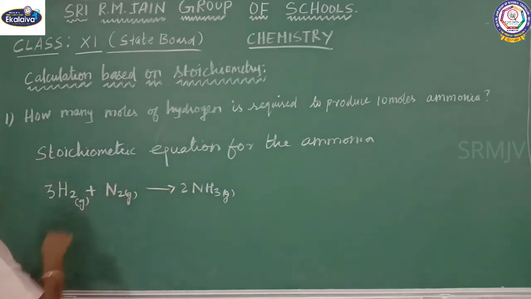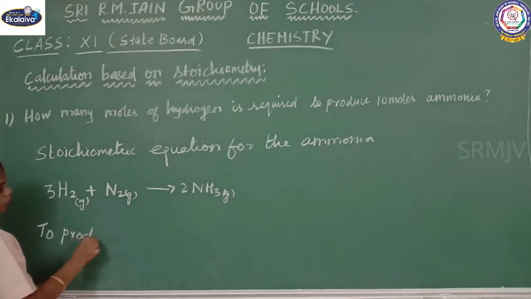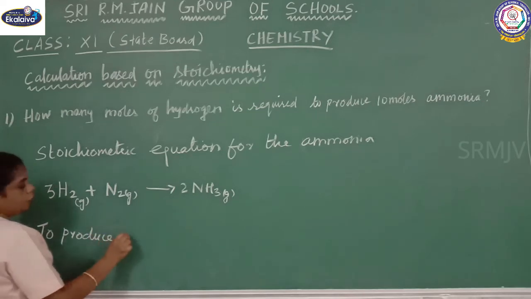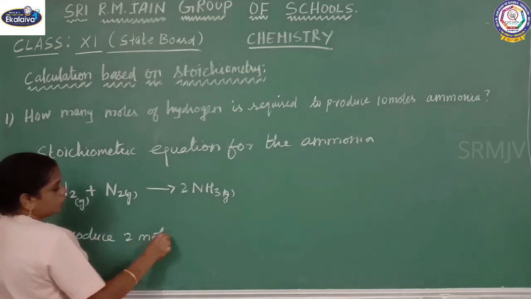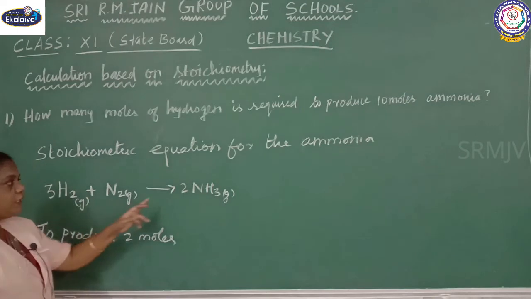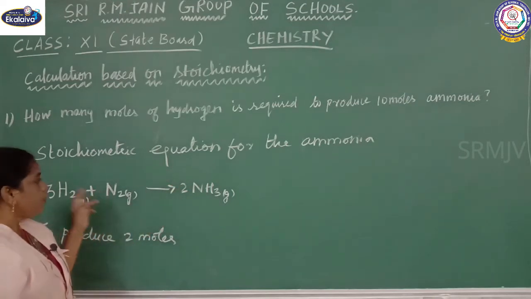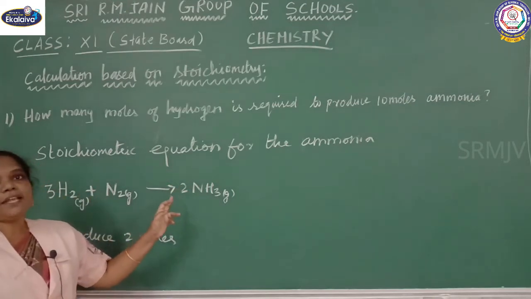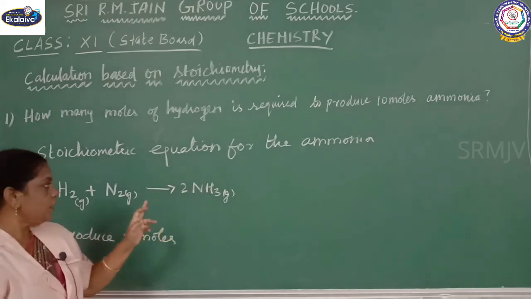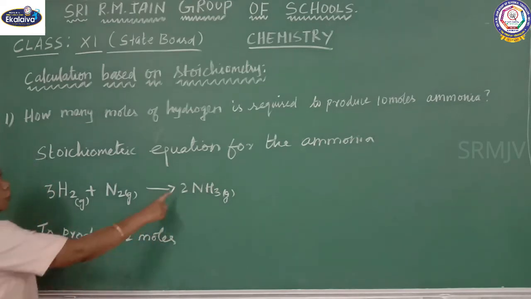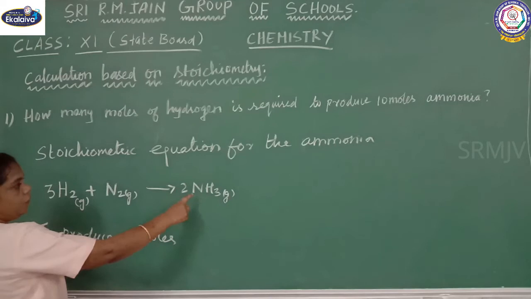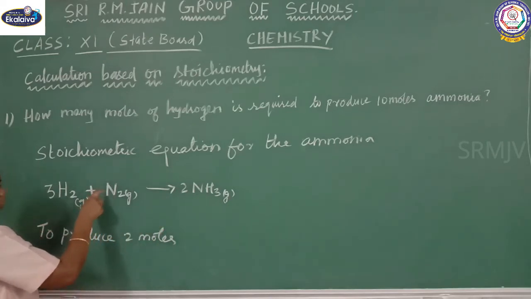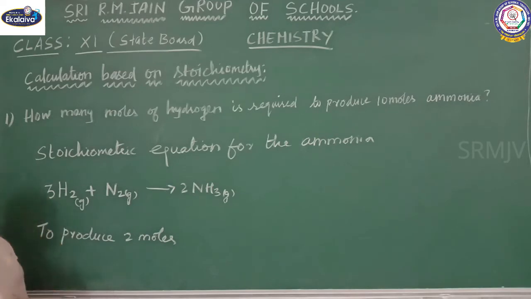In the above stoichiometric equation, the coefficients of the balanced equation represent the number of moles. The coefficient of ammonia is 2, meaning 2 moles, nitrogen 1 and hydrogen 3 moles.